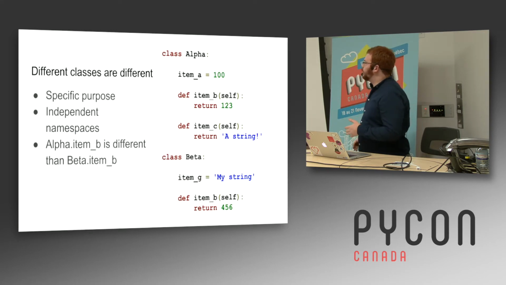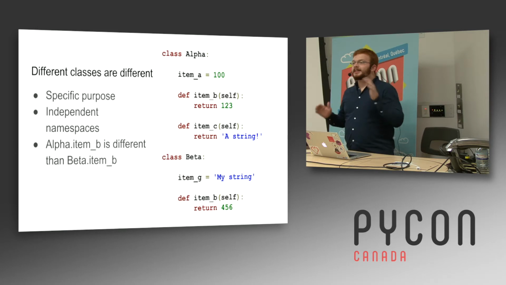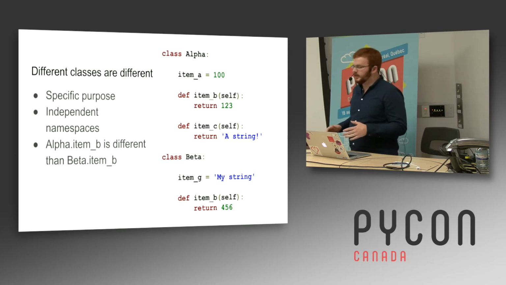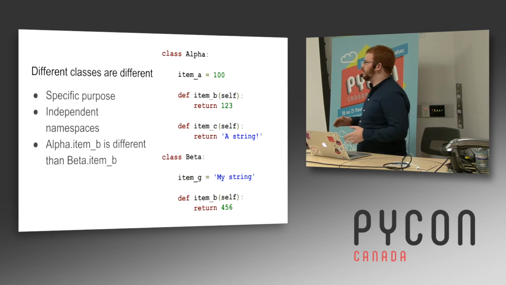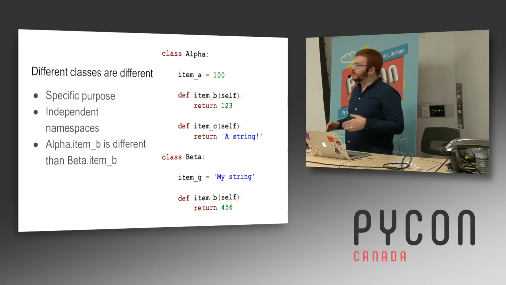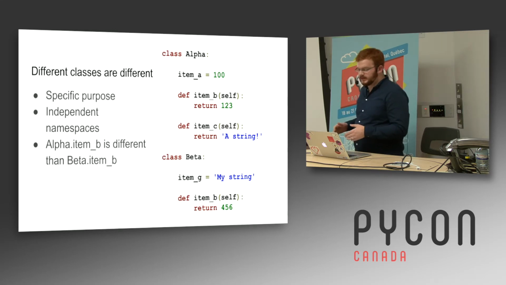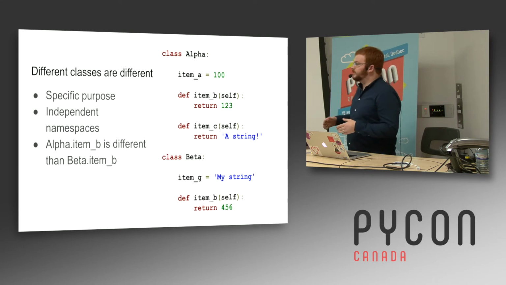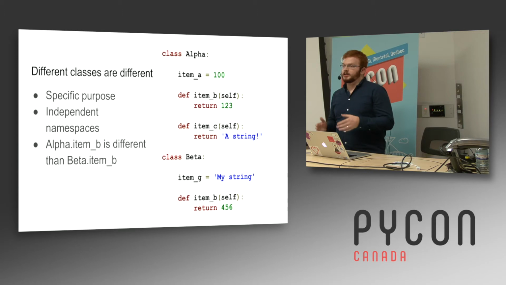Now, when we're building code, we're going to use any number of different classes, and they should be designed with a specific purpose in mind. They have independent namespaces, which means the same attribute names can coexist in different classes, but they might do different things. So when you're naming your attributes and your methods, you should be sure that in conjunction with the class name, they spell out a clear idea of what their purpose is and what they're supposed to be doing.